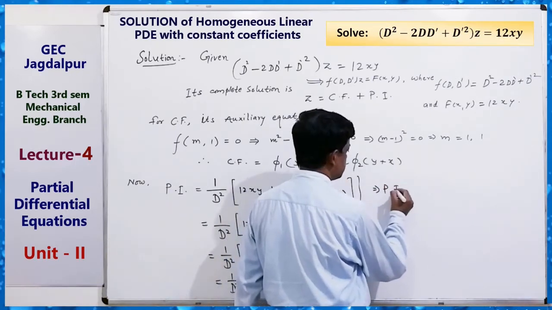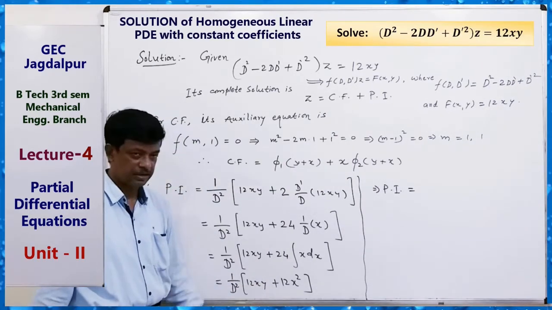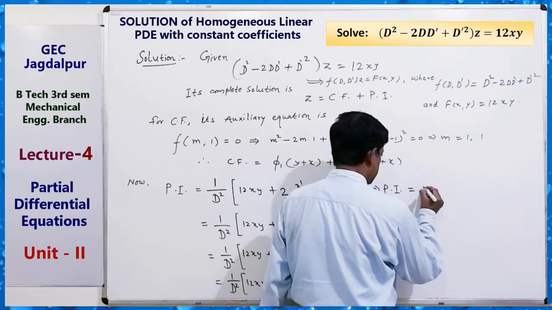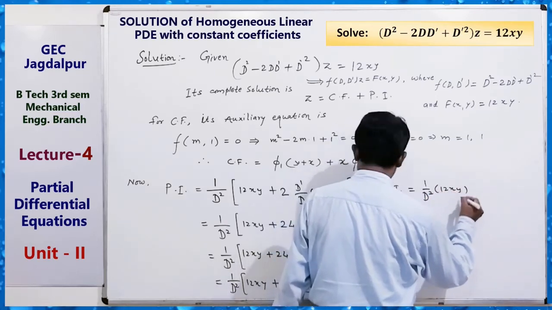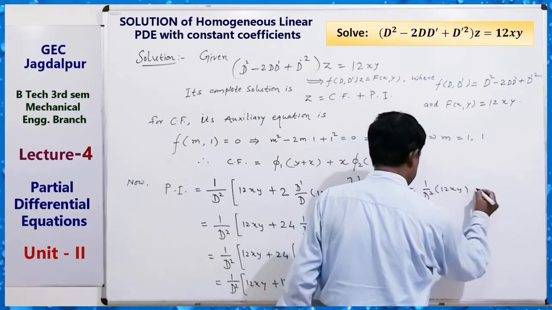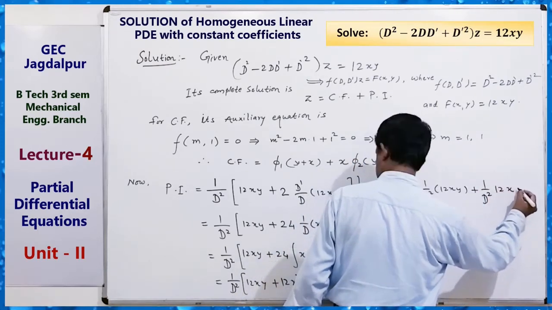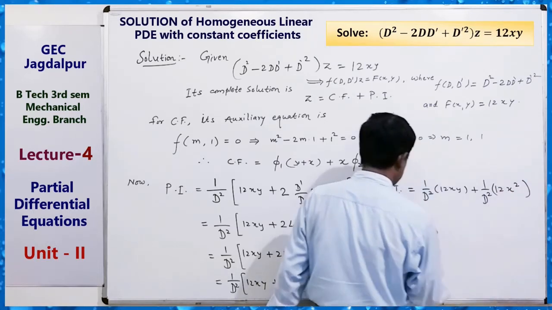This implies PI equals 1 by D² here and here, both places. Okay. So 1 upon D² of 12xy plus 1 upon D² of 12x². Clear?